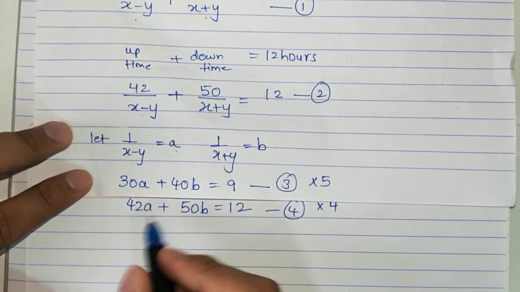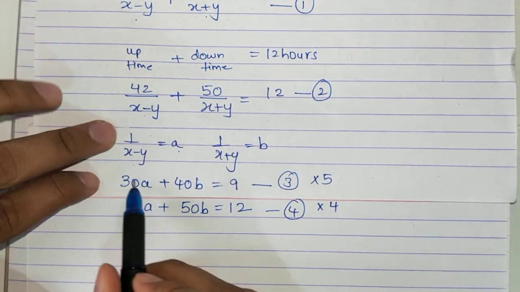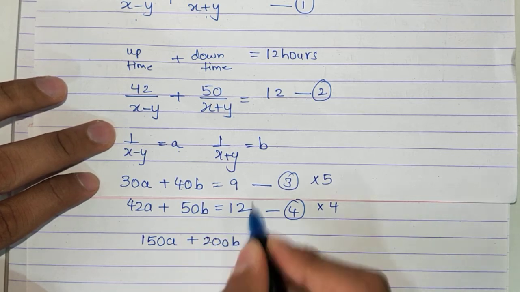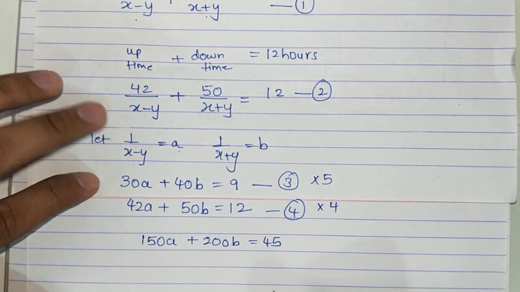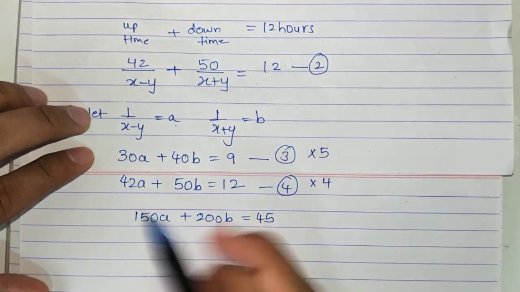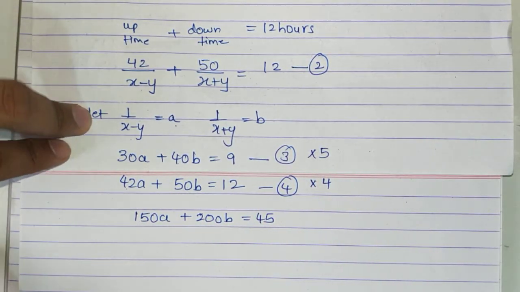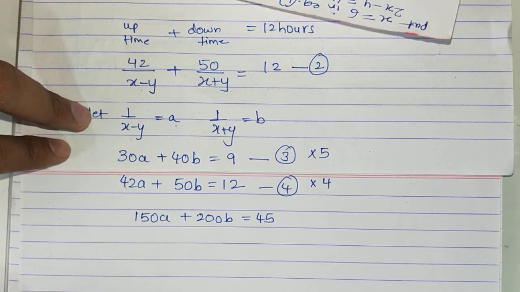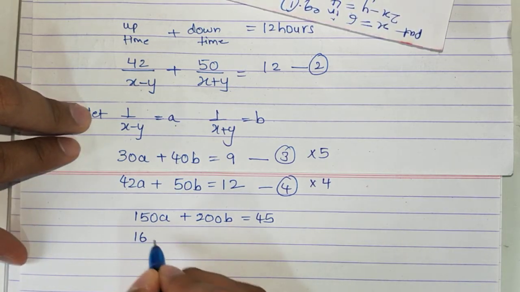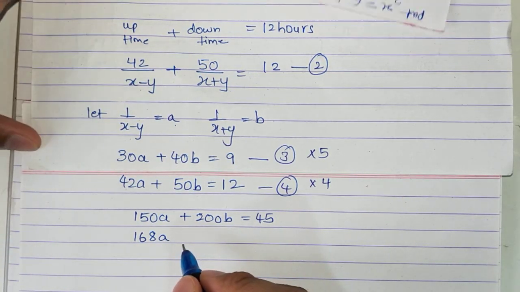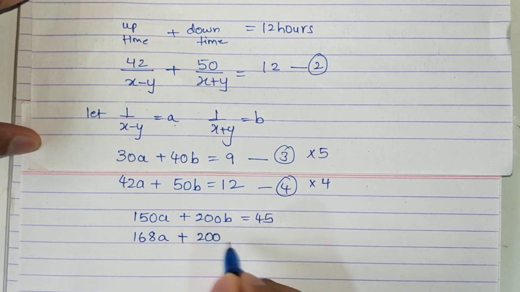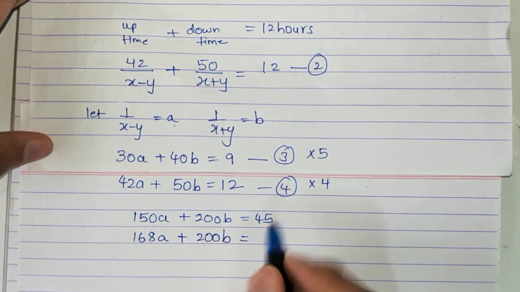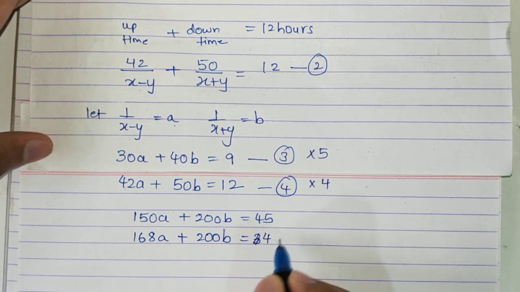Okay, so let's multiply this by 5. 30 into 5 is 150a plus 200b, 9 into 5 is 45, and 42 into 4, 168a plus 200b again, equals 12 into 4, that is 48.